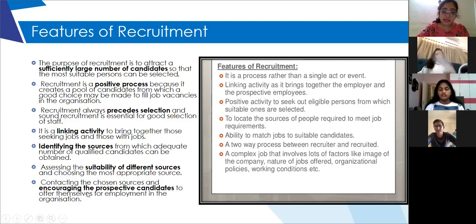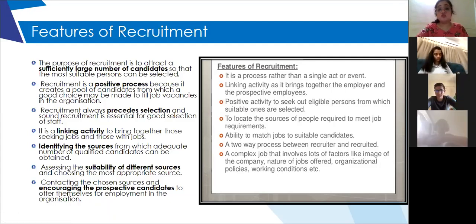Okay. Contacting the chosen sources and encouraging the prospective candidate to offer themselves for employment in the organization. You have to choose the correct sources from where you're going to choose this person, and you have to encourage them that please come, at least come and meet us, at least come and see the organization, and then decide whether you want to give the interview or not.